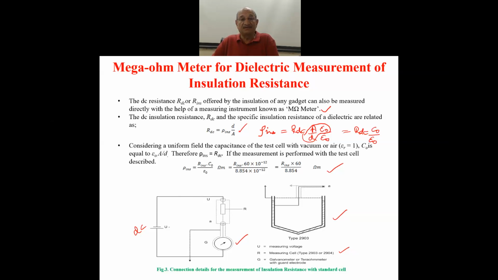The stabilized DC resistance of a dielectric is of the order of thousands of mega ohm.